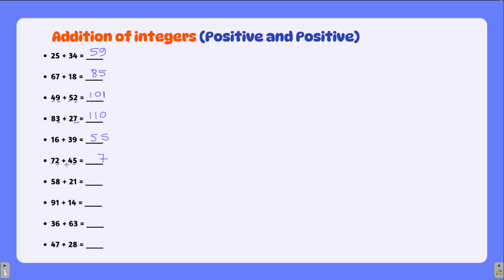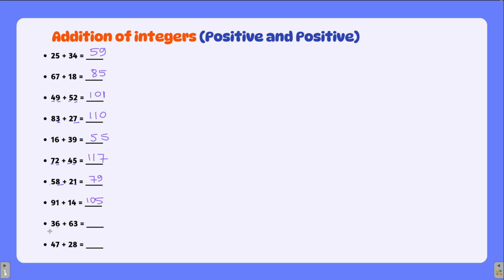Now, 4 plus 7 is how much? It's 11. Now, next is 58 plus 21. 8 plus 1 is 9 and 5 plus 2 is 7. As simple as that. 91 plus 14. So 4 plus 1 is 5 and 9 plus 1 is 10.